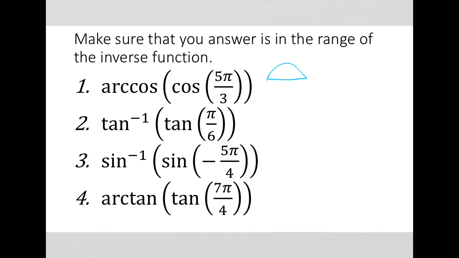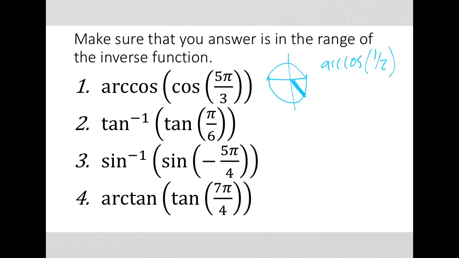Well, 5 pi over 3 does not fit on the top half of the unit circle, so let's think about where it actually is. 5 pi over 3 is going to happen right down here. Well, what value does that give us for the cosine function? Since it's at the pi over 3's right there, that's giving us a cosine of 1/2. So really this is asking what is the arc cosine of 1/2.